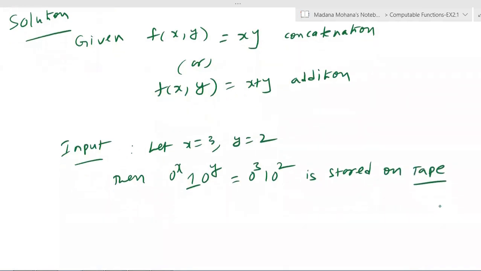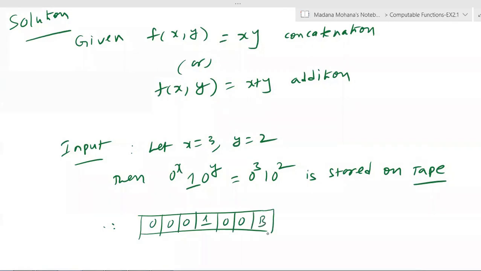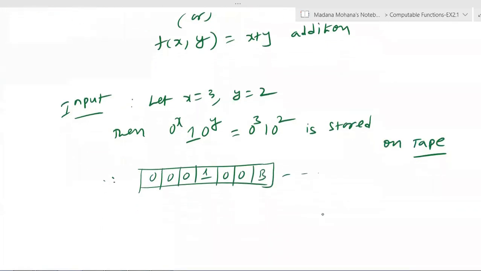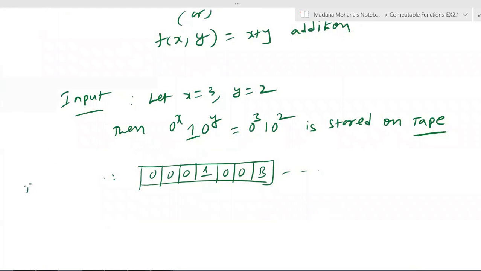That is the initial configuration. Now you can see, the Turing tape will be first 3 zeros separated with digit 1, then 2 zeros followed by blank symbols. So this is the initial configuration of the tape.